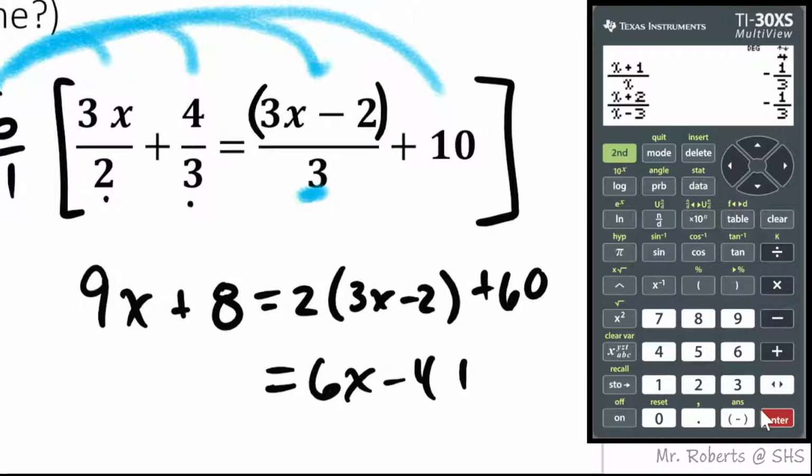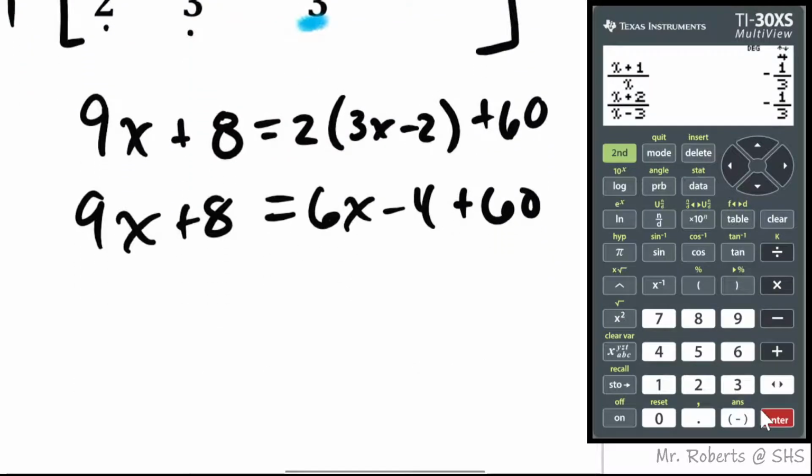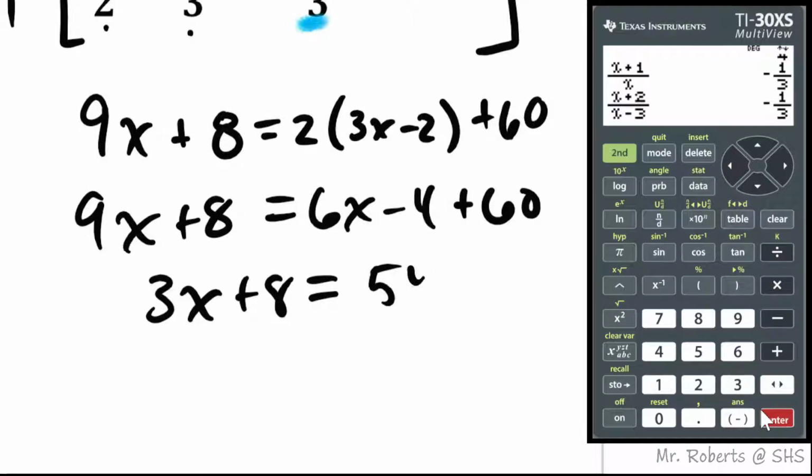So minus 4 plus 60. And on the other side, we've got 9x plus 8. I could take away 6 x's from each side, so that's going to leave me 3x over here plus 8 is going to equal what? Negative 4 and 60 is positive 54.